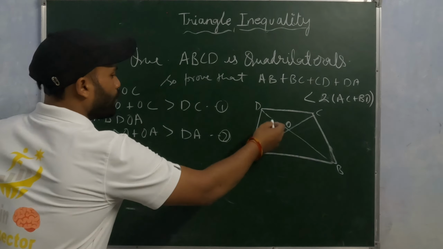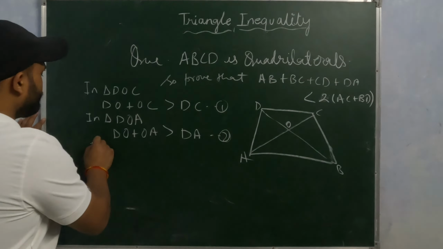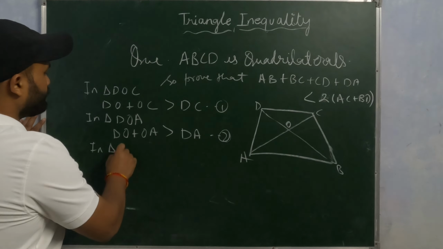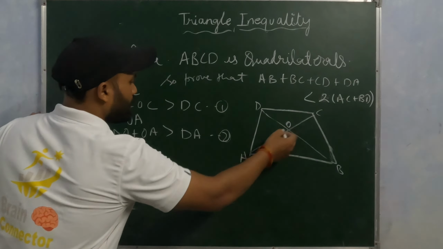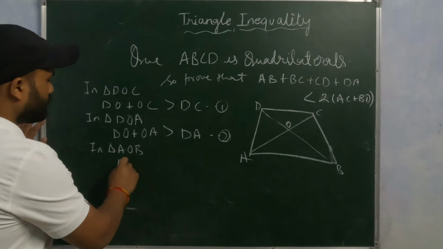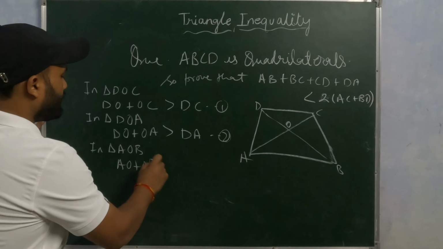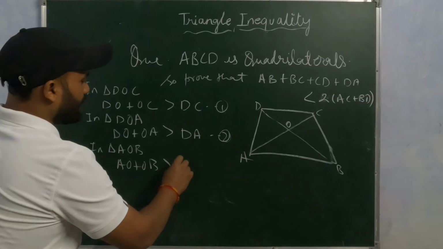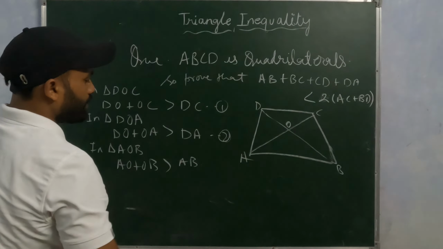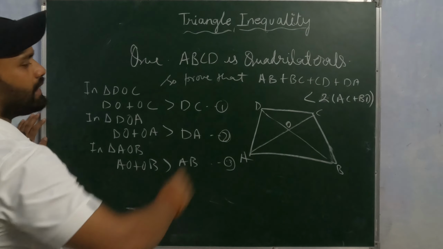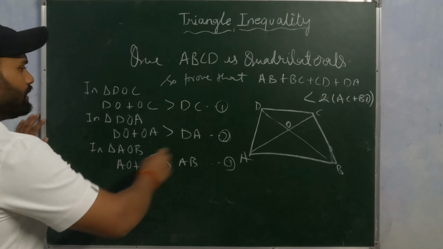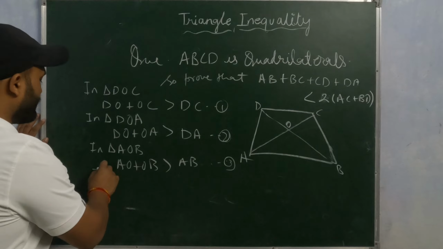In triangle AOB, AO plus OB will be greater than AB. This is equation 3rd. And let's take the last triangle BOC.